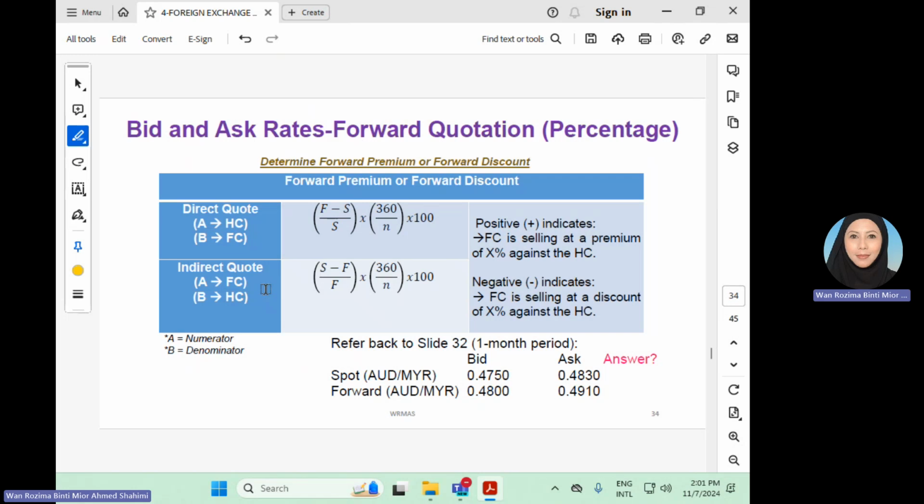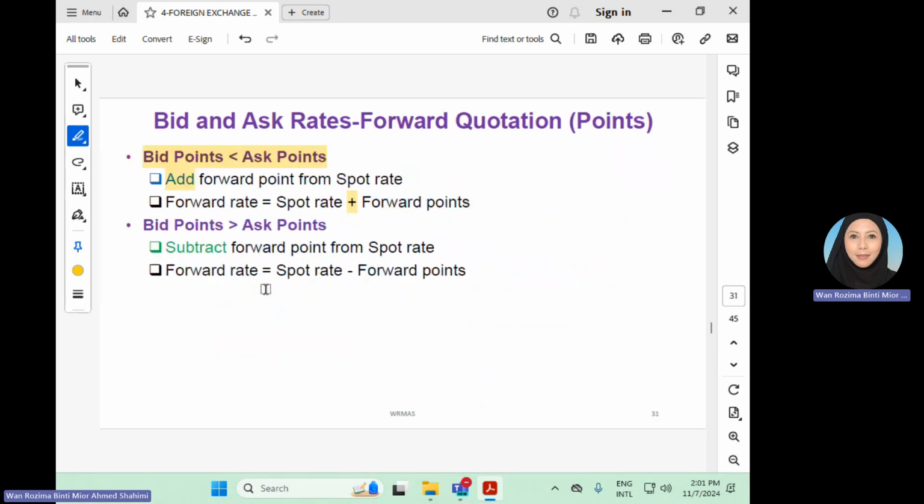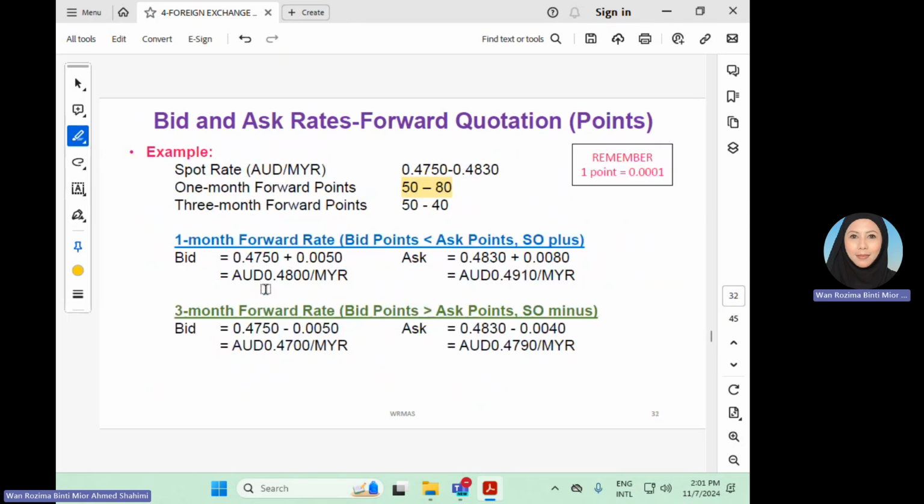So, for example, refer to slide 32, 1 month period. Let's say you have the spot, and then you have the forward rate bid 1 month, 0.48 Aussie dollar against Malaysian ringgit, and forward rate ask 1 month, 0.4910 Aussie dollar against Malaysian ringgit.